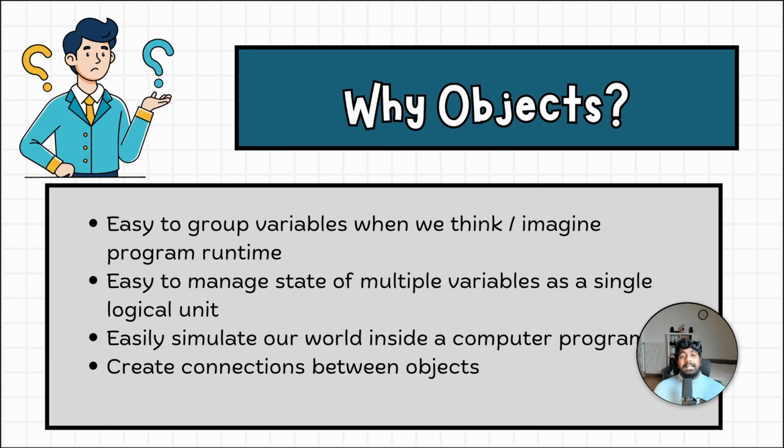If someone asks why we are using objects, you now know it allows us to easily group the variables and imagine the program runtime. This is the main reason we are using objects. It also helps us manage the state of multiple variables as one group or one object.